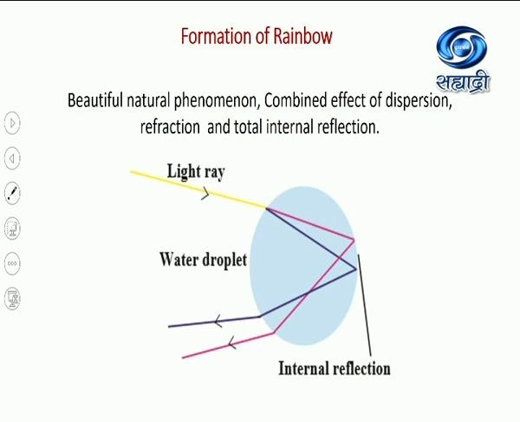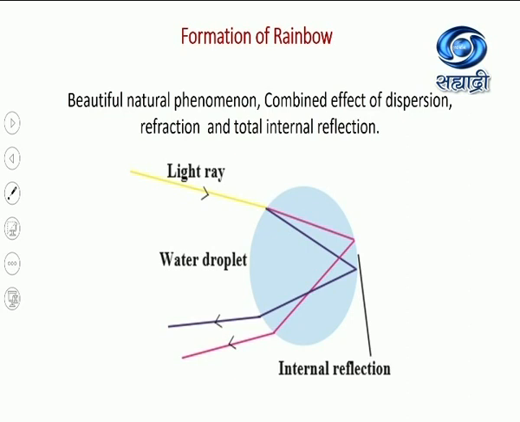Sunlight in a water droplet undergoes total internal reflection and comes out as a refracted ray. While coming out, it gets separated into 7 colors. After it has stopped raining, the atmosphere contains a large number of water droplets.